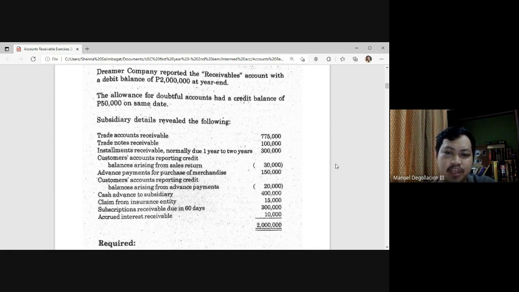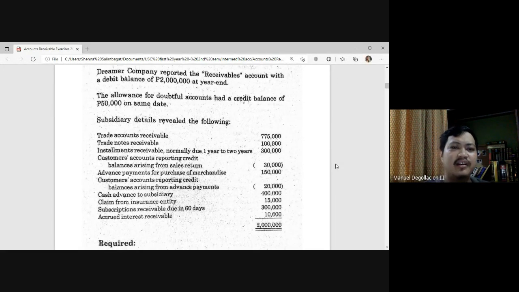Okay, so here we will have to discuss whether these accounts are normally classified as a current asset or a non-current asset, class. So we'll have to go through them. We'll have to determine, class, whether they would be included in our determination of trade and other receivables that will be classified as a current asset.